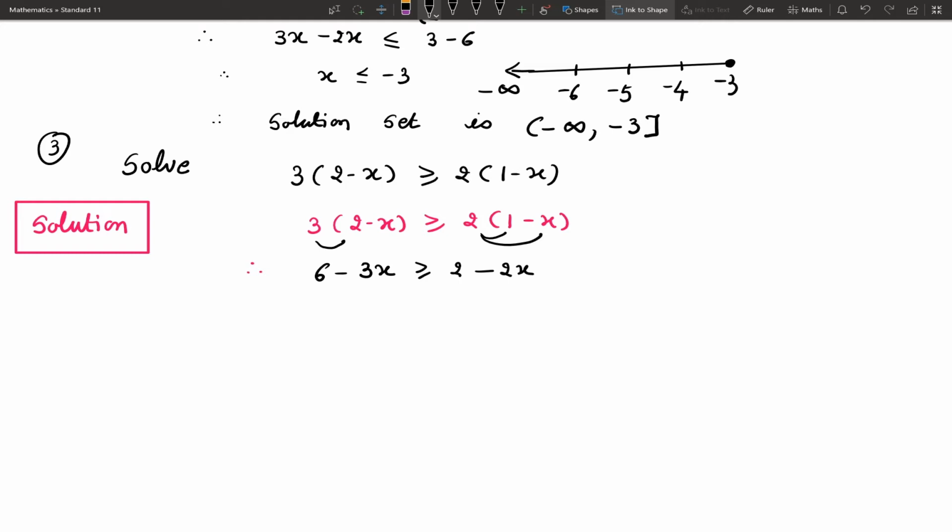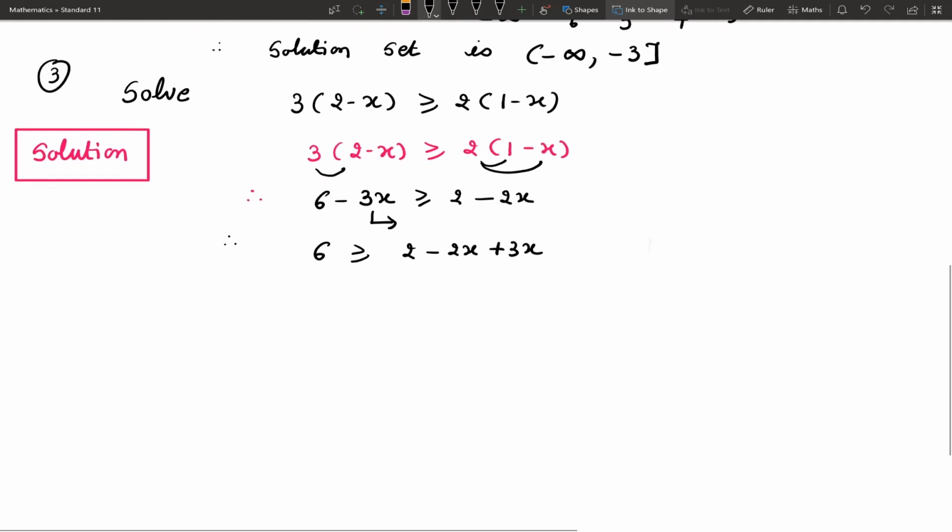Now, therefore, transfer this term, so this is 6 greater than or equal to 2 minus 2x plus 3x. When we transfer minus 3x to the right hand side, it will change the sign, so it will become plus 3x, or you can use the additive inverse of minus 3x, that is add plus 3x on both sides.